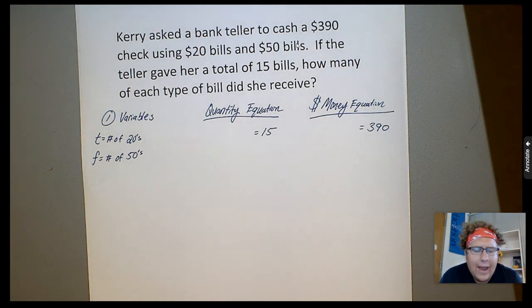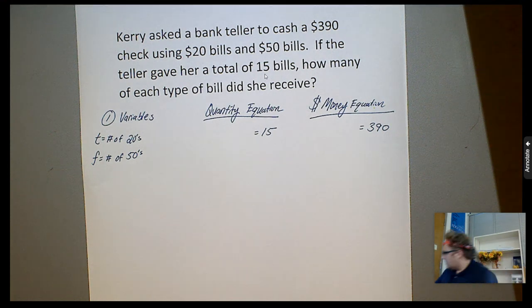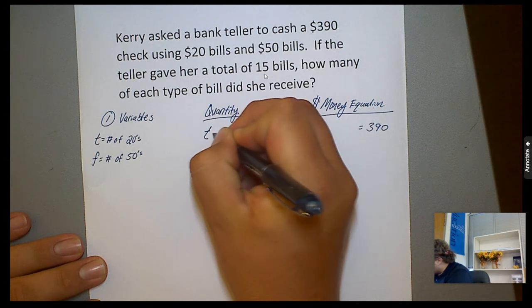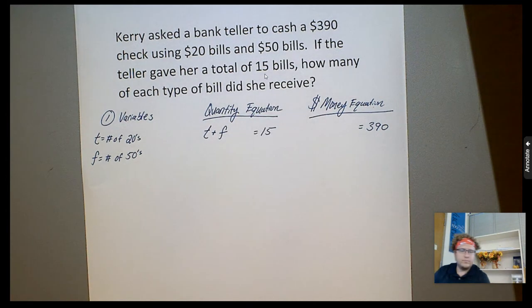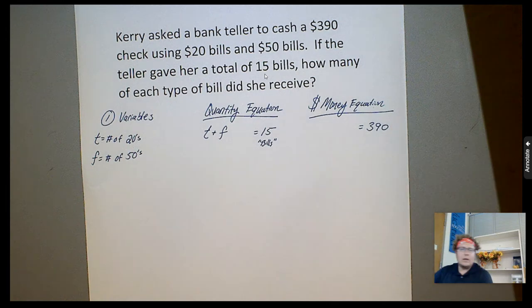So now we have to figure out how to make the quantity equation and the money equation using T and F. I think the easier one is the quantity equation, because we know that between the 20s and the 50s, we'll make 15. So the quantity equation is the simpler of our two. We have 20s plus 50s is going to give us 15 bills.